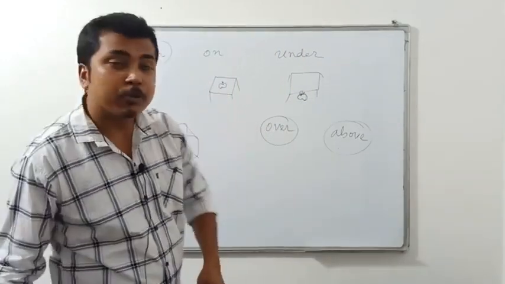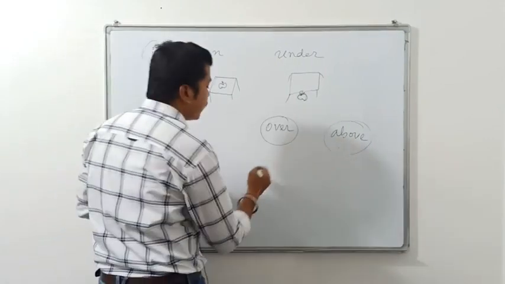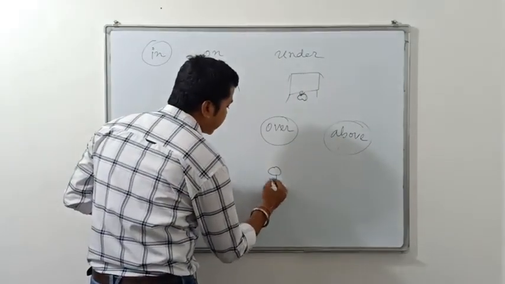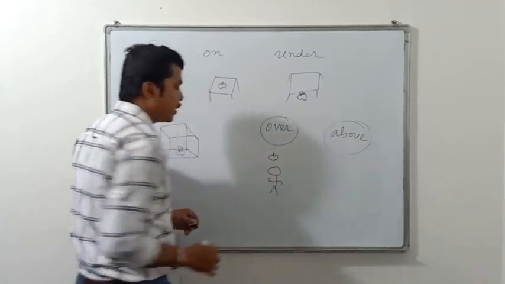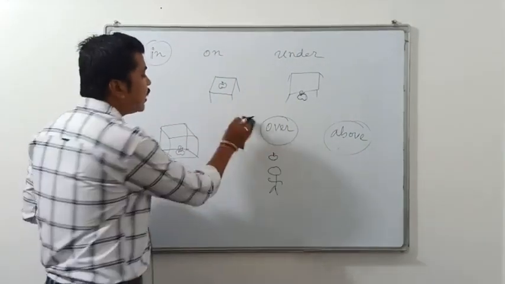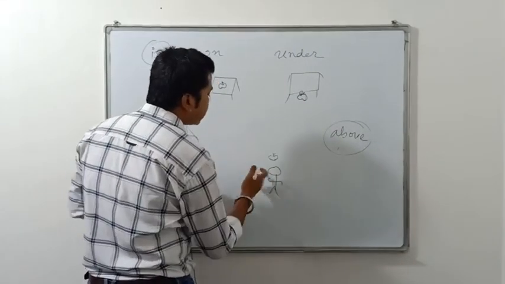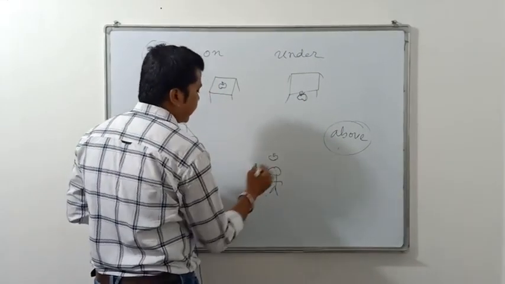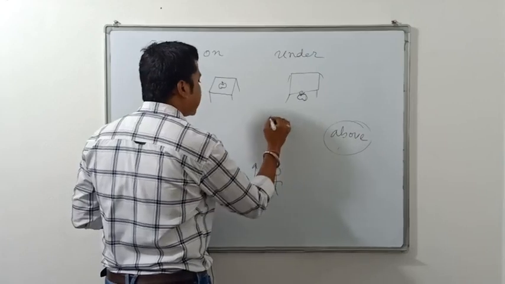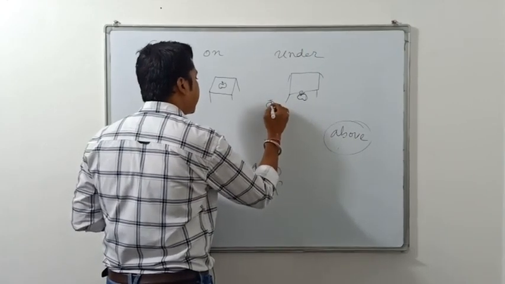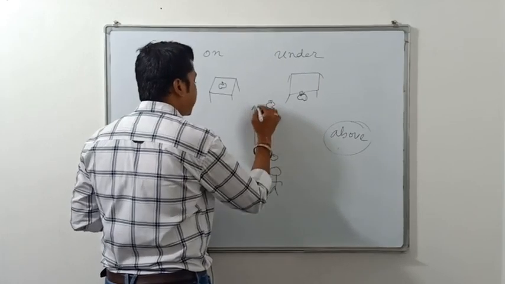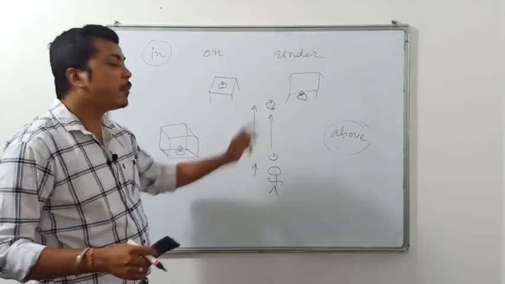Above कब होता है? Over से भी ऊपर. Suppose a man is standing here. If I hold the apple like this, in this position, then you will call it, the apple is over the head. Now if I increase the distance, if I increase the height, that time we can say the mango is above the head.